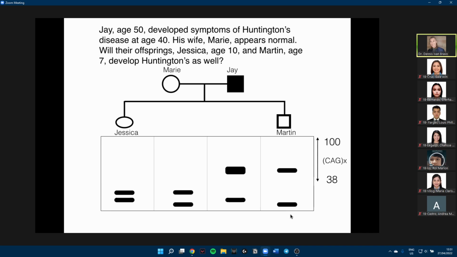So Martin is only 7 years old, so there's no symptoms. The problem with Huntington is that it manifests in your mid-adult years. So eventually in the future, Martin will definitely develop Huntington's disease. So pwede nang paghandaan ngayon pa lang. So it does have a predictive value that allows you to prepare for that eventuality.